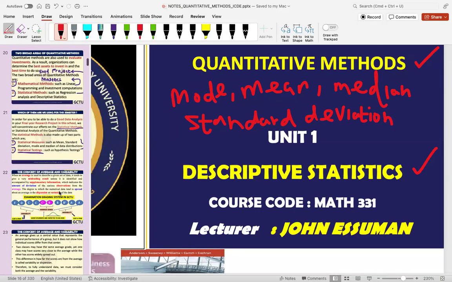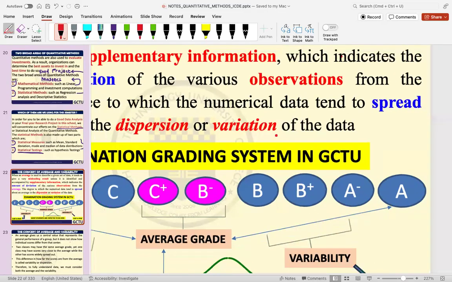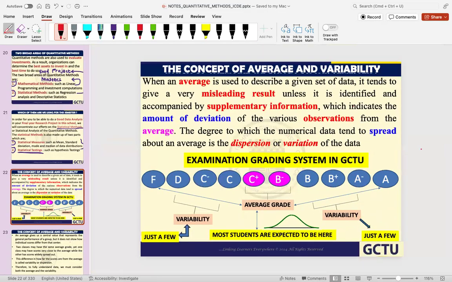So I'll start with some illustration. Just watch this grading system. I just showed you the grading system of the school. When I was showing you, I had arranged them vertically, but I'm now doing it horizontally because I want to use it to teach you something.